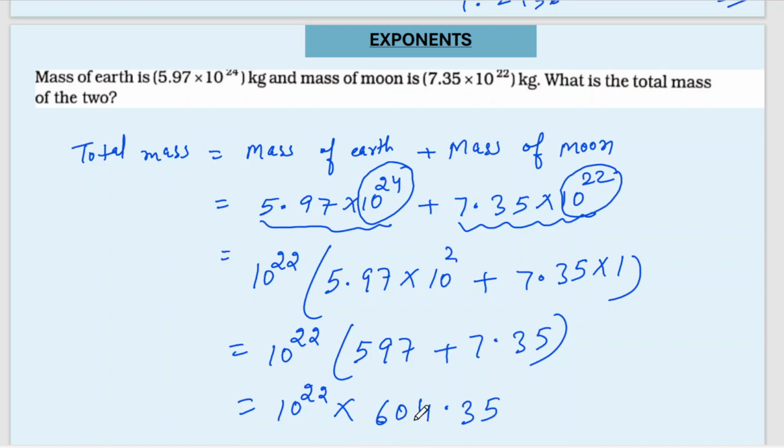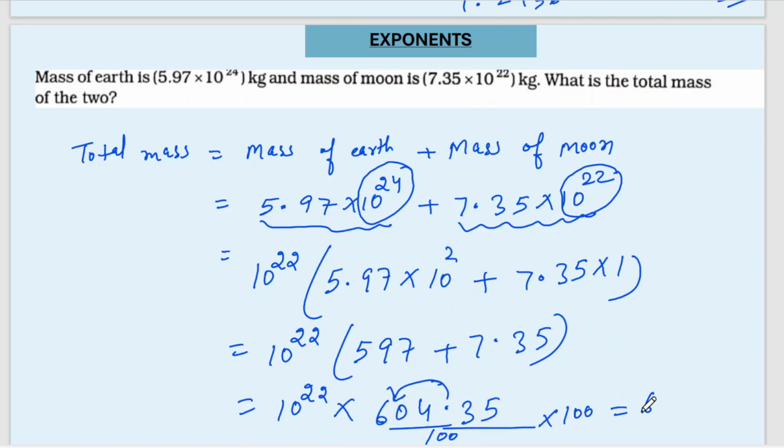604.35. But this is not in the standard form. Okay. We have to write this in a standard form. How we can do that? See, we want the decimal to be here. Okay, we want decimal to be here. That means for that we have to divide this number by 100, and at the same time I am multiplying this number by 100.